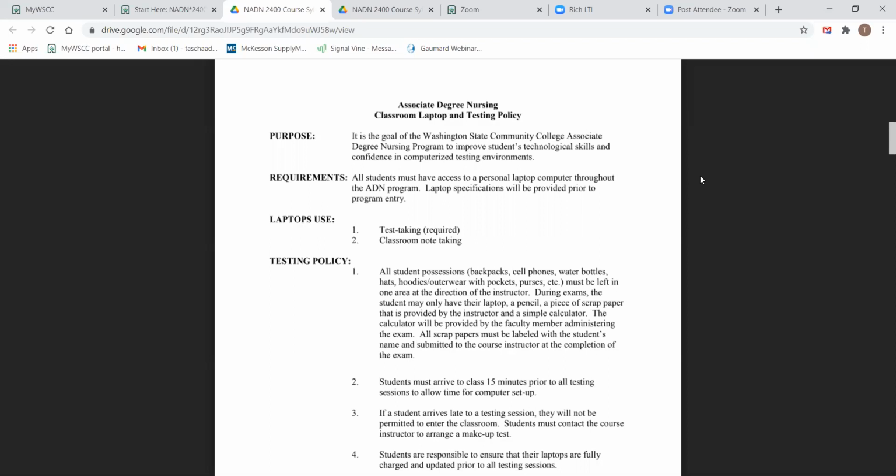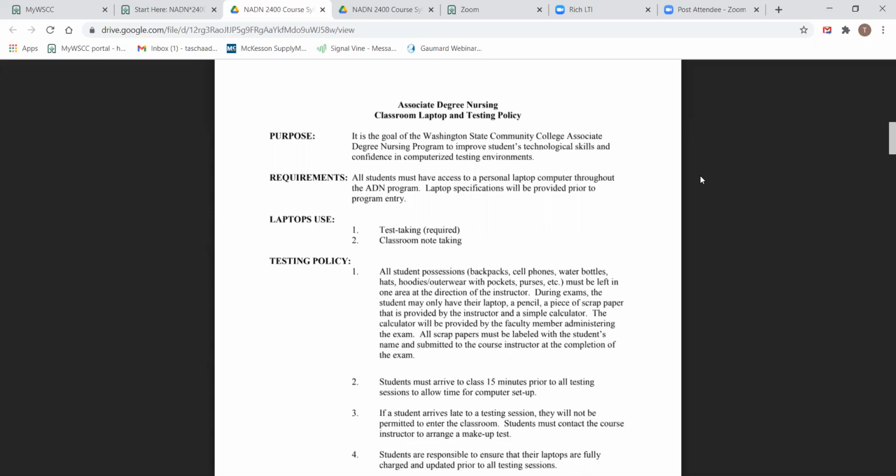This semester during 2400, we're also going to be using your laptops for the online course. We're using Respondus and Zoom as well, to make sure that we are staying connected and that we're able to take our exams through the various software.